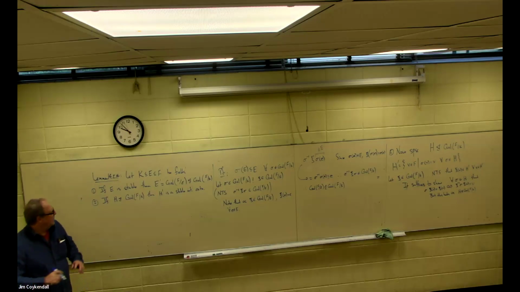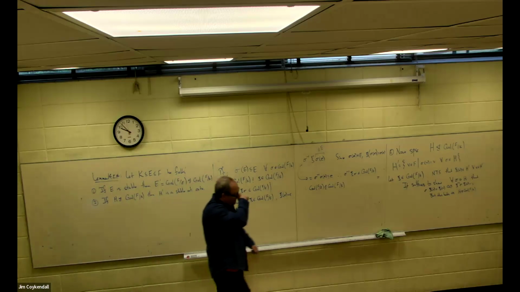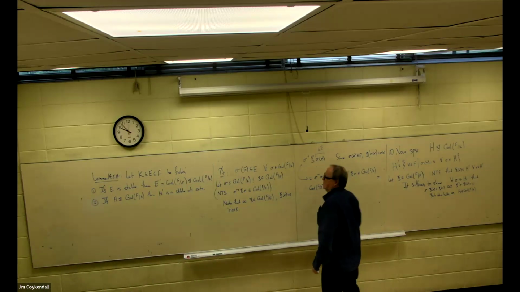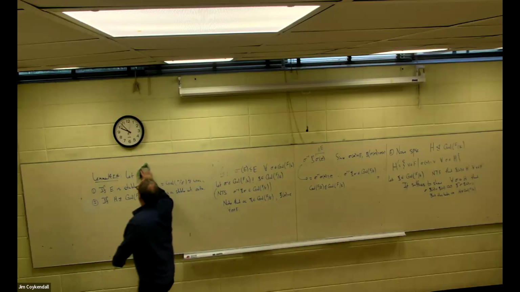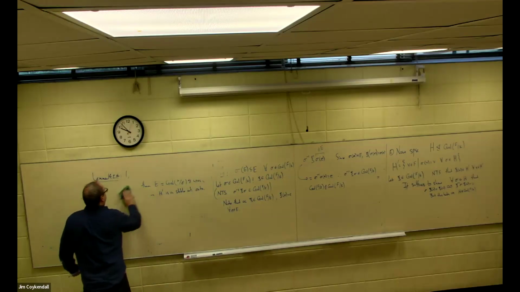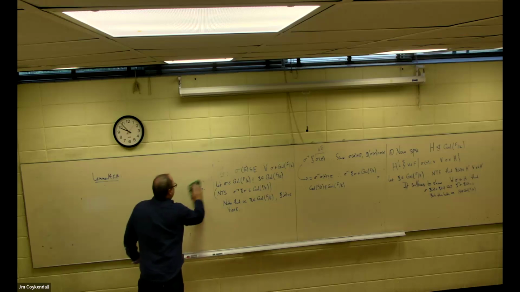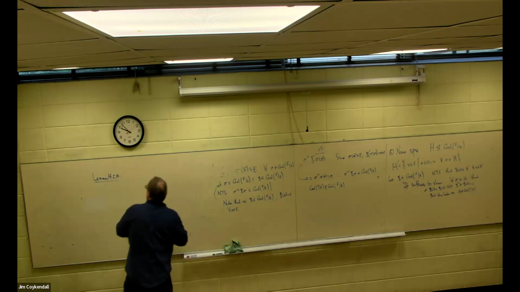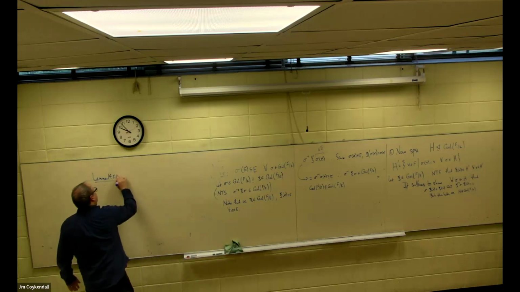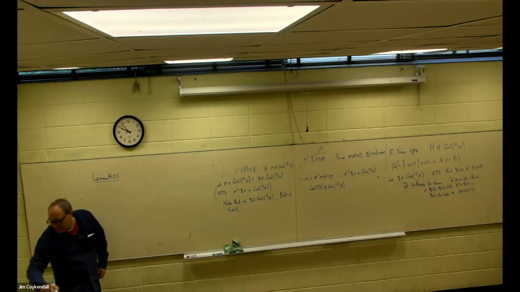I'm going to leave you with this last lemma and then we'll call it a day. We'll talk about the proof next time. What we're doing is getting the last little bits of flotsam and jetsam that we need to finish the fundamental theorem of Galois theory.